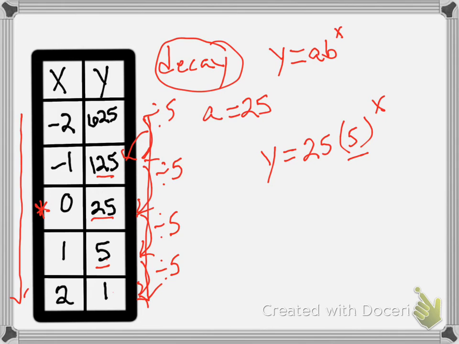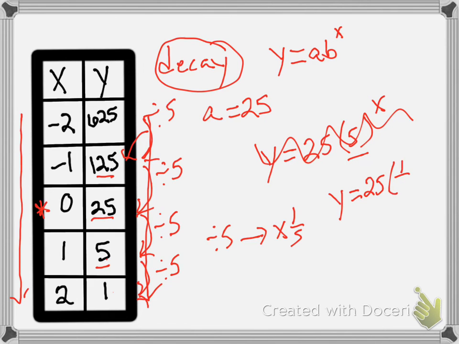That's why when you make your equation, okay, you have to make it in terms of multiplication. So dividing by 5 is the same thing as multiplying by 1/5. So this would not be the equation. Instead, it would be y equals 25 times 1 over 5 raised to the x power, okay?